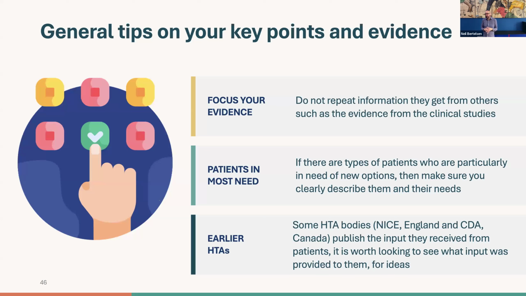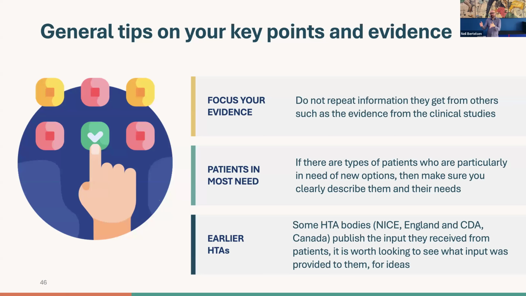Look at submissions from other HTA bodies. There's only two places you can go, I'm afraid, at the moment. So NICE in England and CDA in Canada, I think, are the only two HTA bodies that publish the input they had from patients in full. So just like I did, you can go and say, okay, what did the patient group submit two years ago to a Parkinson's HTA in the UK?